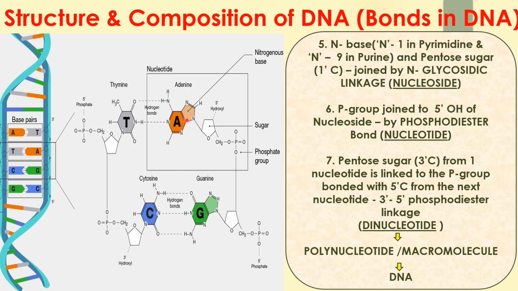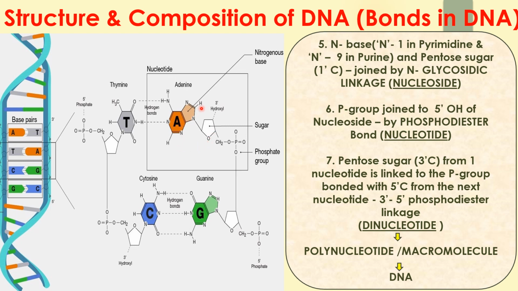This is the 9th numbered nitrogen which is linked to the first carbon of the pentose sugar. See here, N9 in purine is linked to the first carbon of the pentose sugar. So I am talking about this as the N-glycosidic linkage.